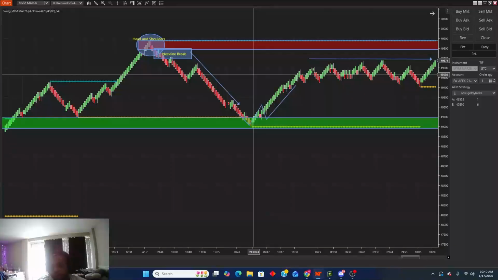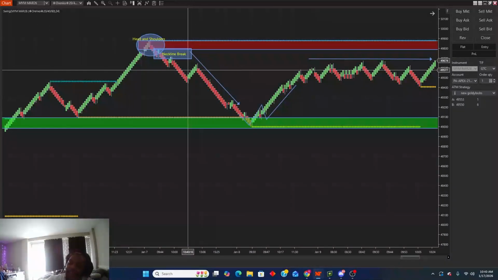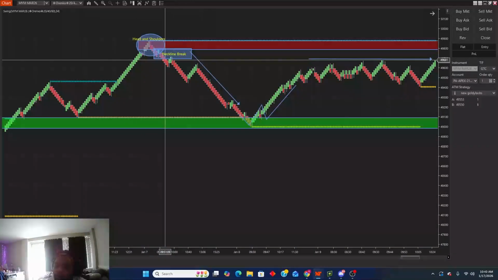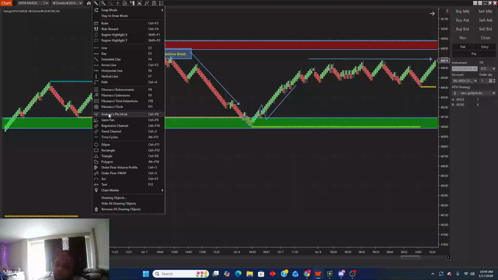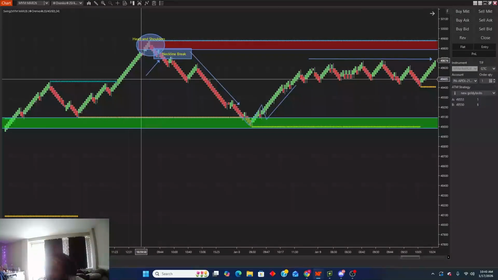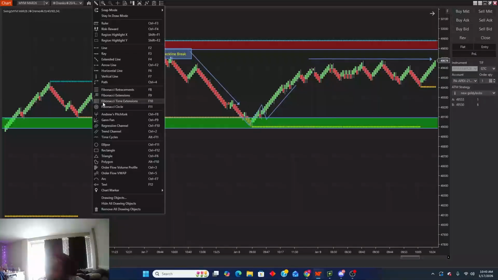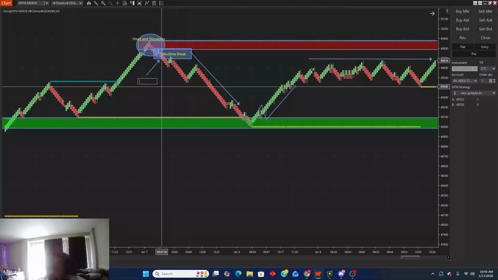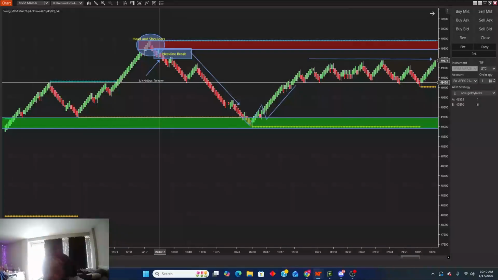Now, at your neckline break, you also get what I like to call a neckline retest.